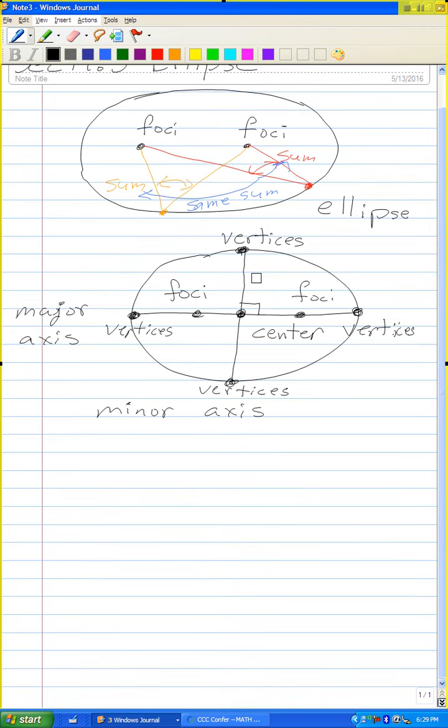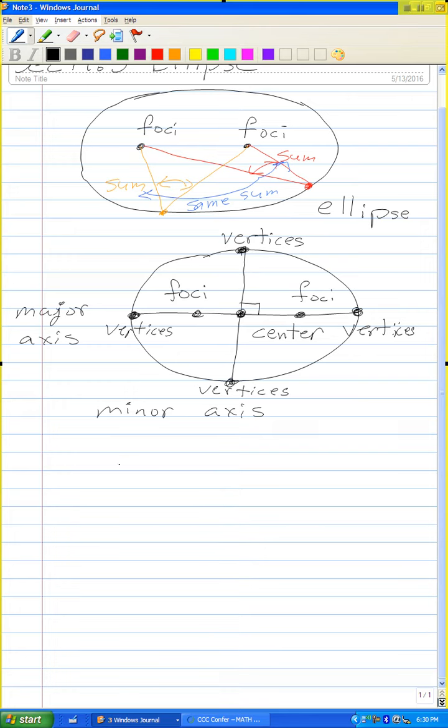So suppose that we have some ellipse, and I guess what I'll do is I'll try to find the equation of my ellipse. And so let's do this.